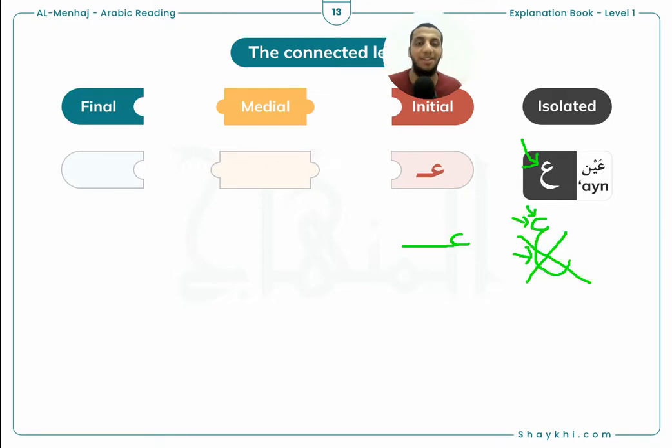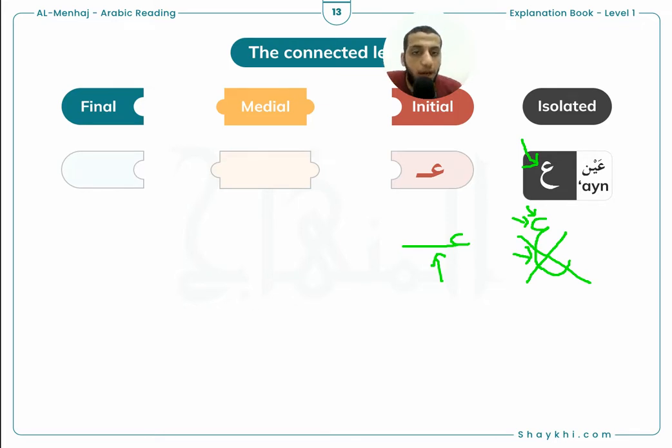So super easy, right? So this Ayn in the isolated form will be flattened in the initial form to be drawn like this.